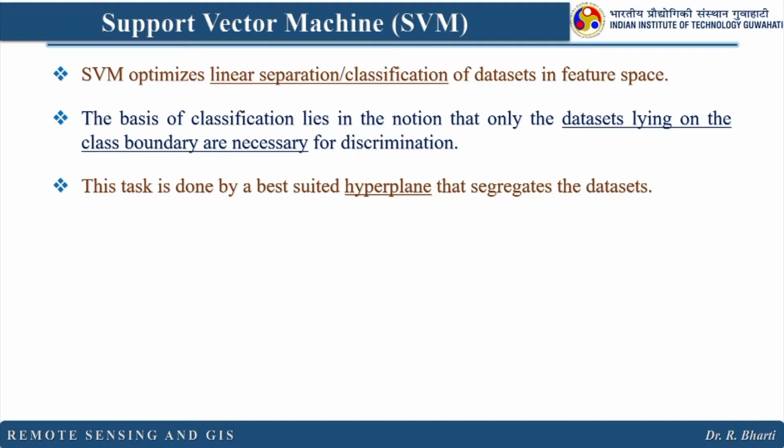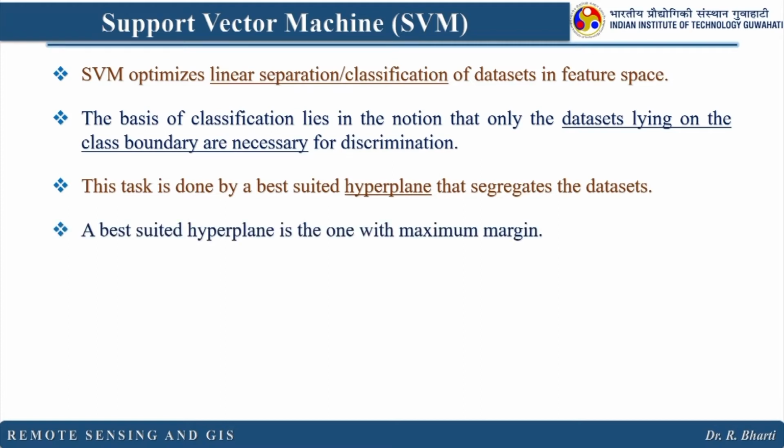Basically, a hyperplane is nothing but the boundary we are drawing between two different types of data set present in the input data. The best suited hyperplane is one with maximum margin. Just imagine a case where you have two classes and in between you can draw a line which can separate these two classes.